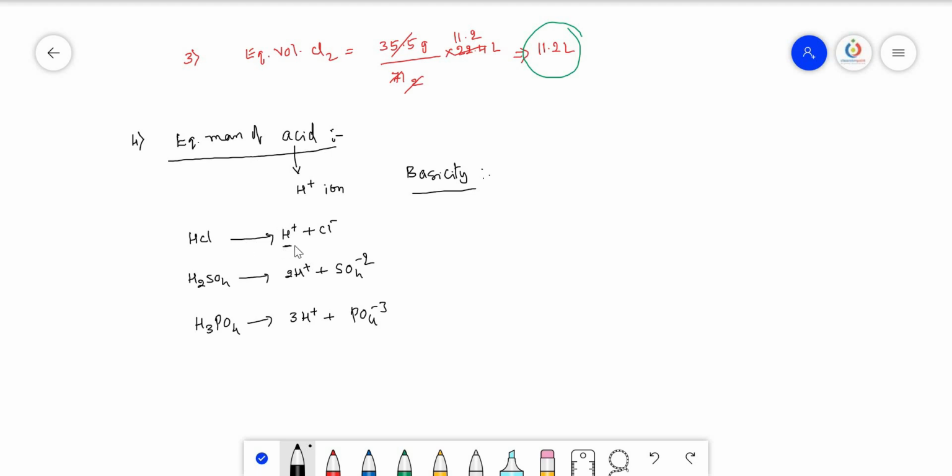So basicity means the number of H plus ions released by a particular acid. HCl is releasing how many H plus ions? Only 1. So for HCl the basicity is 1. H2SO4 is releasing 2 H plus ions, so its basicity is 2. H3PO4 is releasing 3 H plus ions, hence its basicity is 3, and so on. If the basicity of an acid is 1, it is called a monobasic acid.